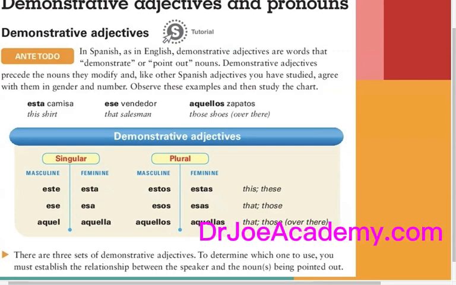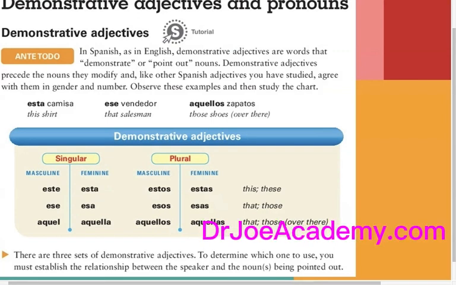What do you see, Anna? In this chart right here that you see in front of you, that's shared, how do we say this?